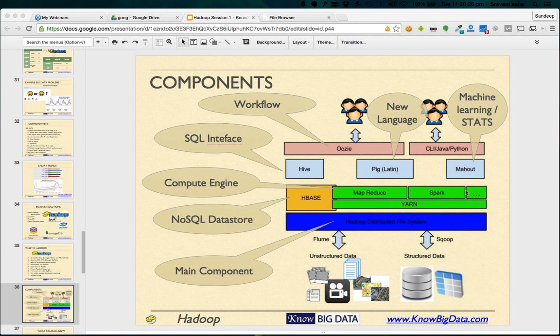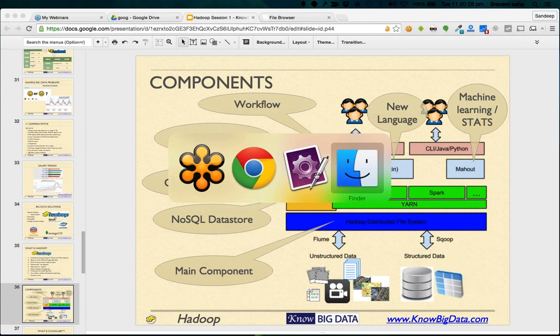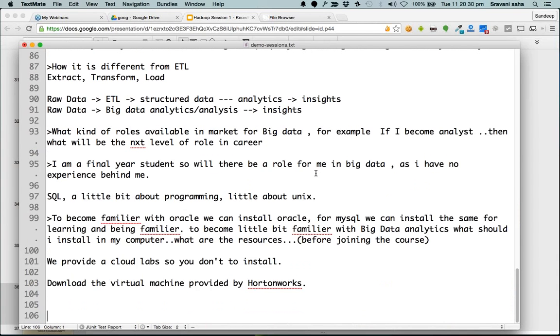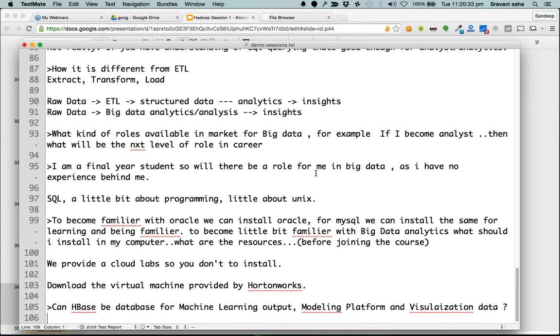All right. Now there is a question from Vinod. The question is, can HBase be a database for machine learning output, modeling platform and visualization data? All right, so I will try to explain it in parts. First, let me try to answer this.